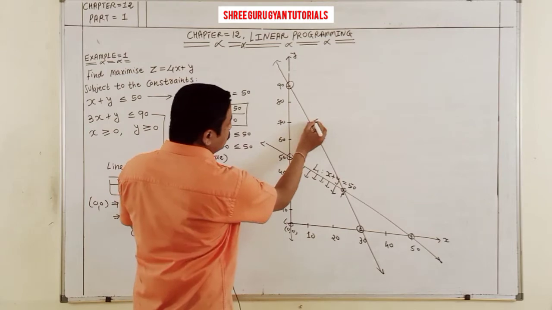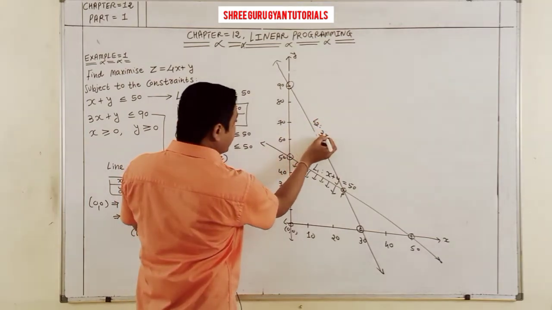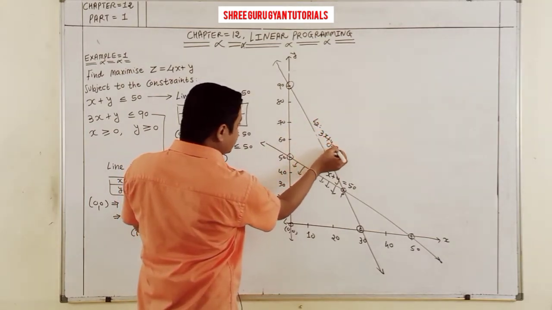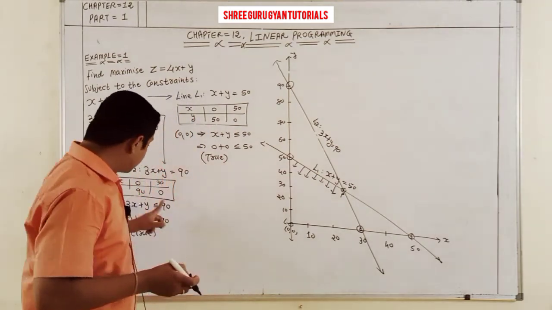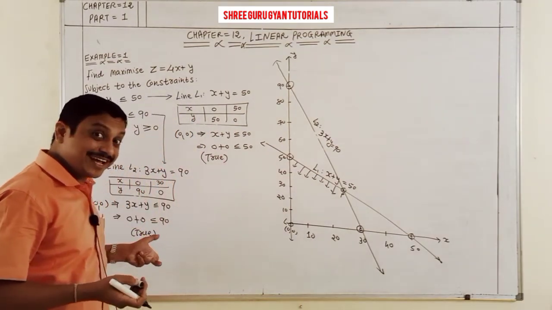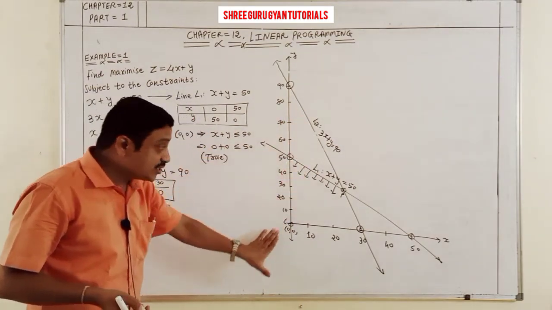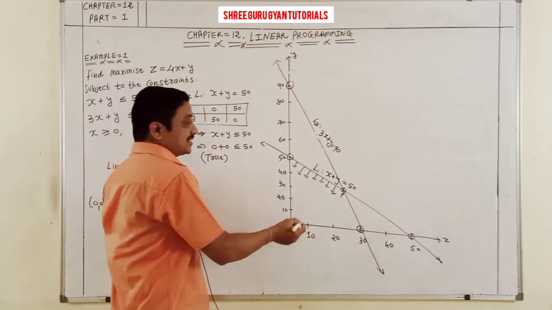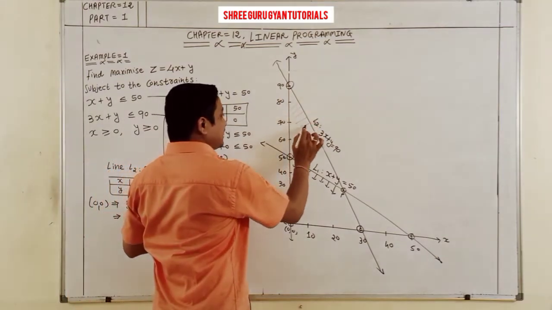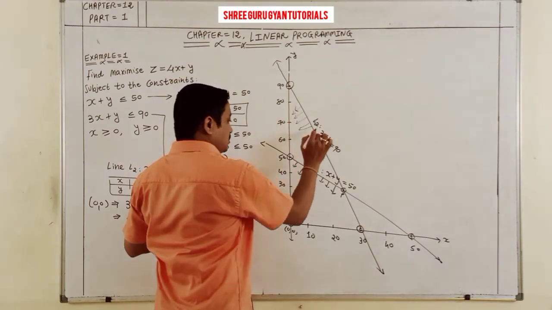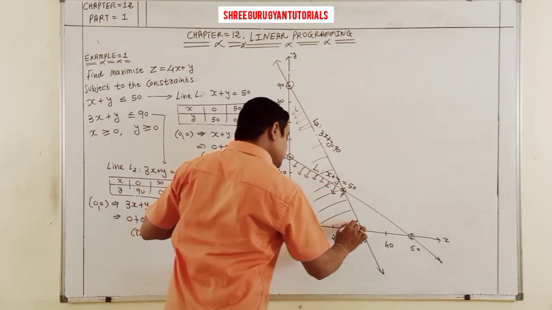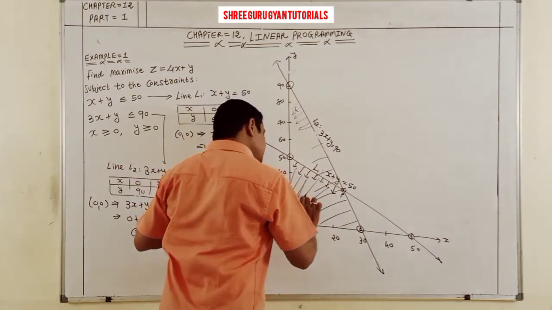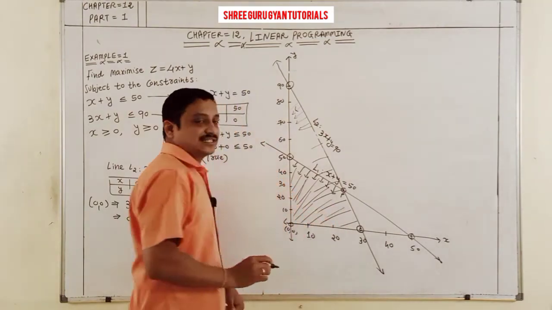Line L2 is 3x + y = 90. Check the shaded portion again: this also shades towards the origin. So which is the common region? Yes, that's the common region.